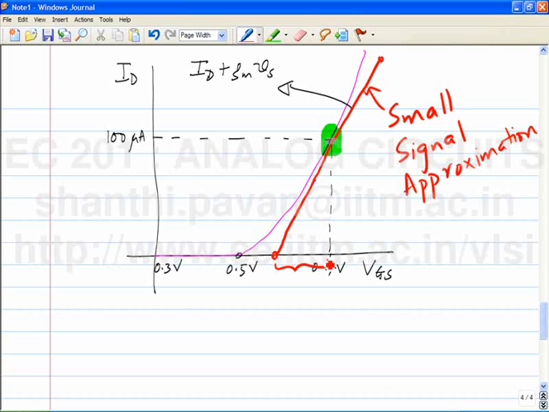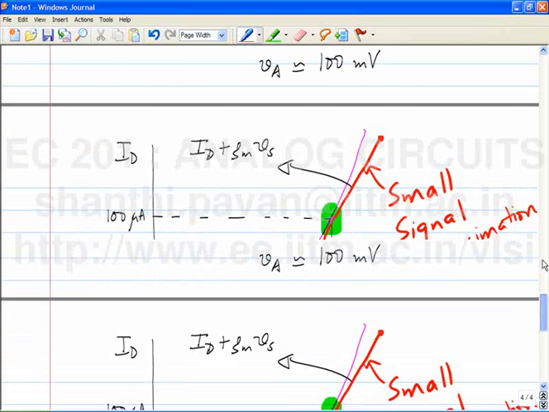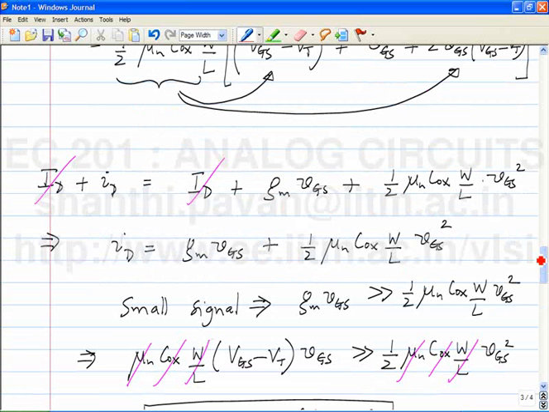But in reality, the transistor current is not related to the applied small signal in a linear fashion. The true equation is ID is GM VGS plus 1/2 mu n C ox W by L times incremental VGS the whole square. The incremental VGS is nothing but the amplitude of the source you have put in.